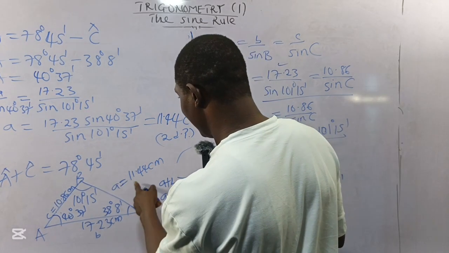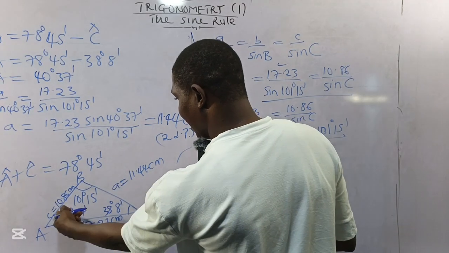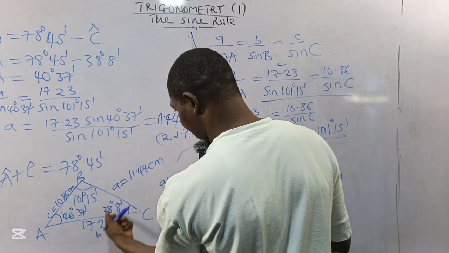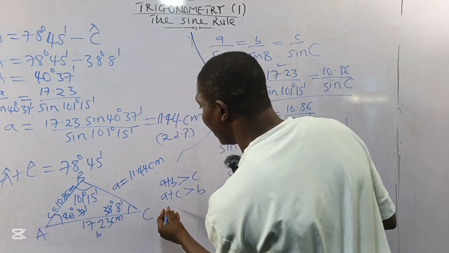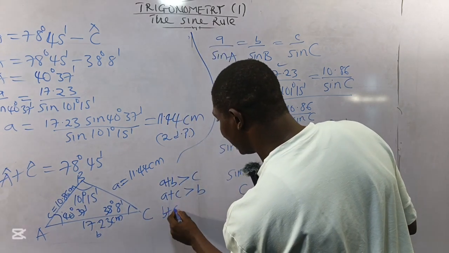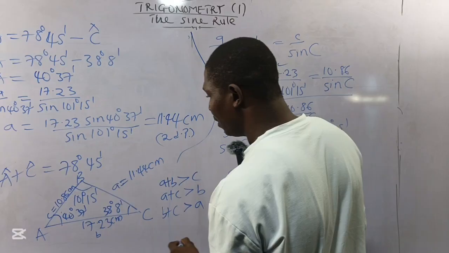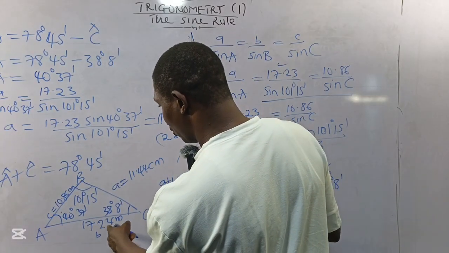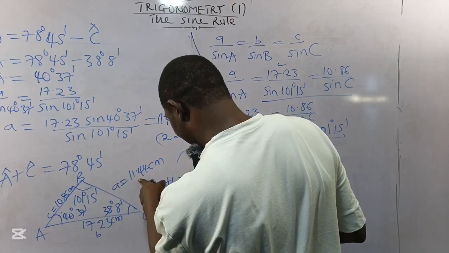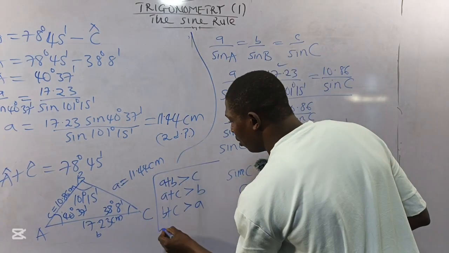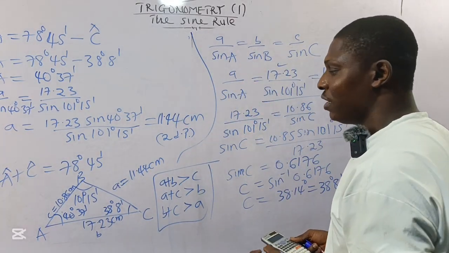B. Here's my A, 11.44 plus 10.86 is more than 21, so it's greater than this. And again, B plus C must be greater than A. Here's my B, 17.23 plus this will give me 27 point something or 28, and it's greater than this. So you see, all the principles I told you earlier are correct.